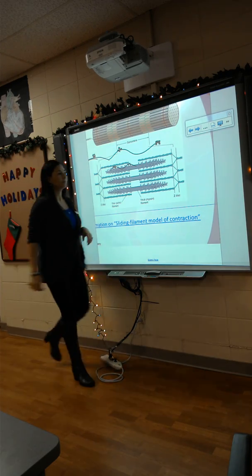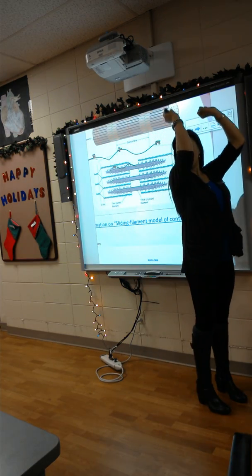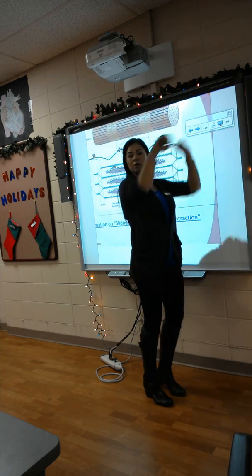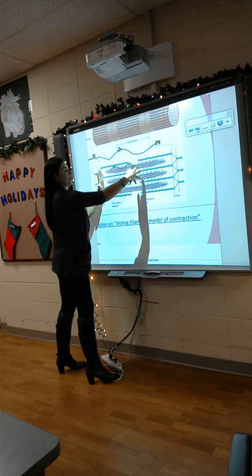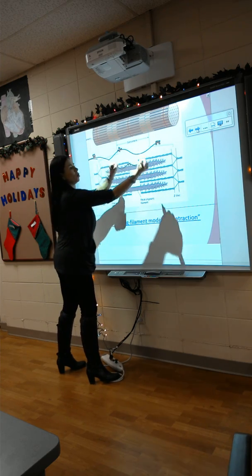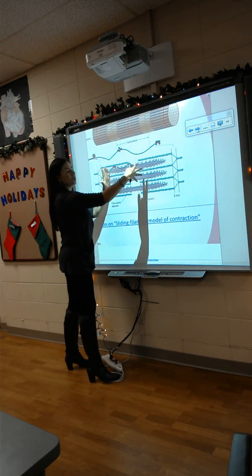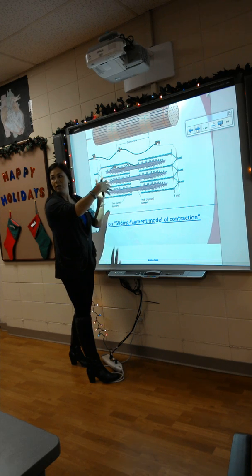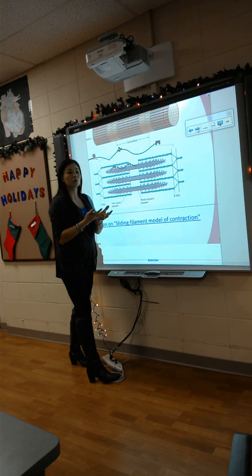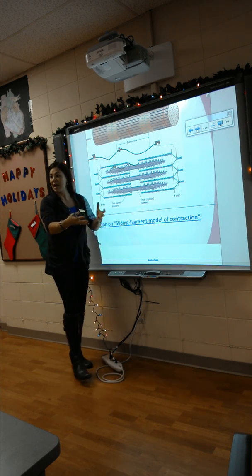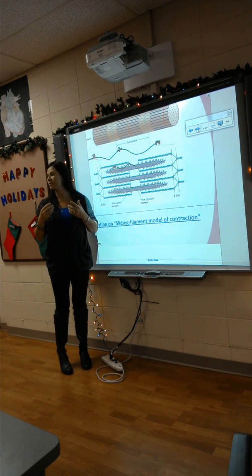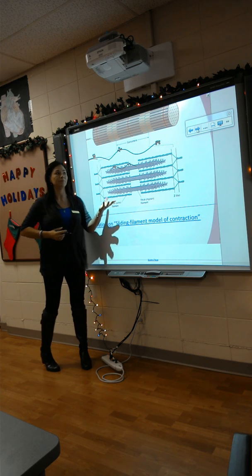So it'll grab the actin, pull it, grab the next one, pull it, and as it's doing it, this is shortening. So it's grabbing and pulling and pulling and pulling, and it's starting to shorten this myofibril. If a bunch of those myofibrils shorten, the muscle cell shortens. If the muscle cell shortens, then the actual muscle will shorten.